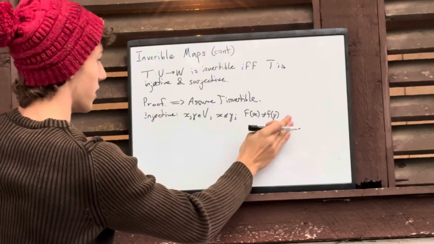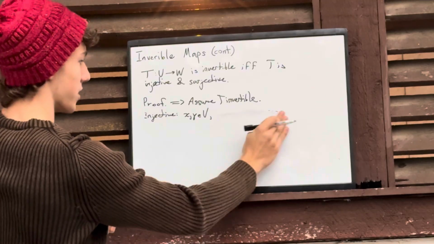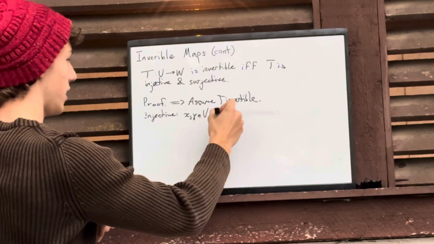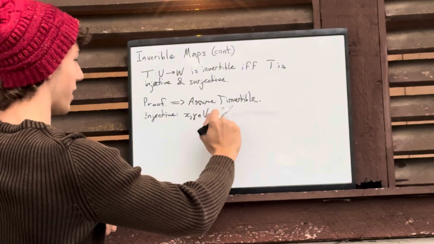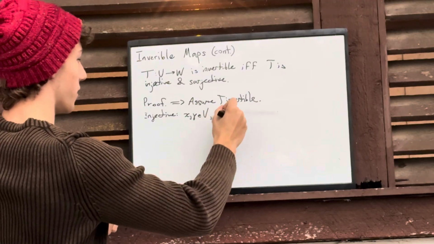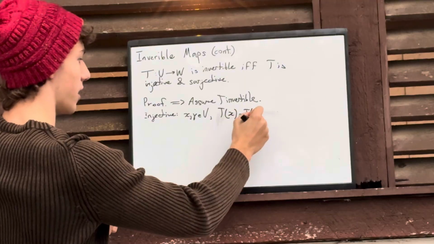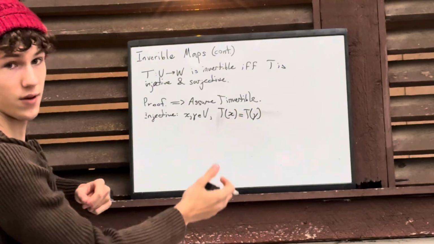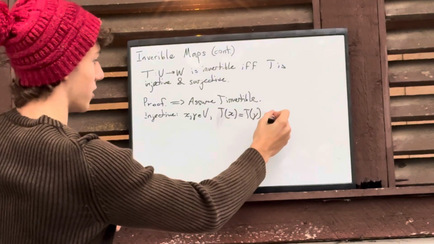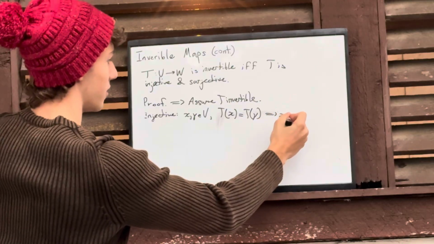Actually, maybe it's easier to take the contrapositive, because usually it's stated this way: if T of x equals T of y, the only case where that holds is if your inputs are both equal. So does that imply x equals y?